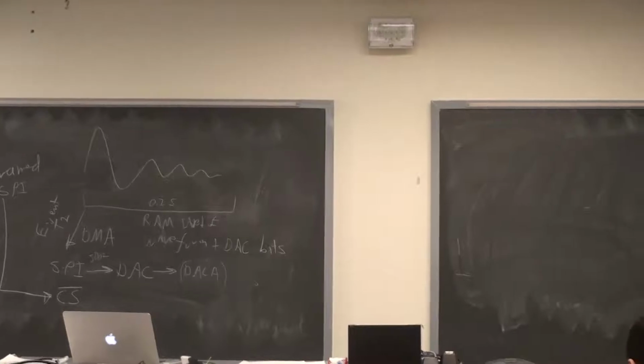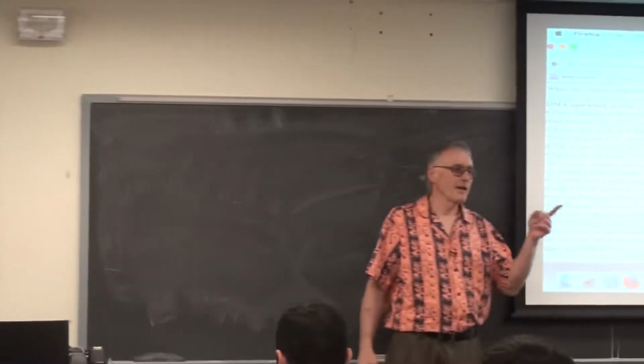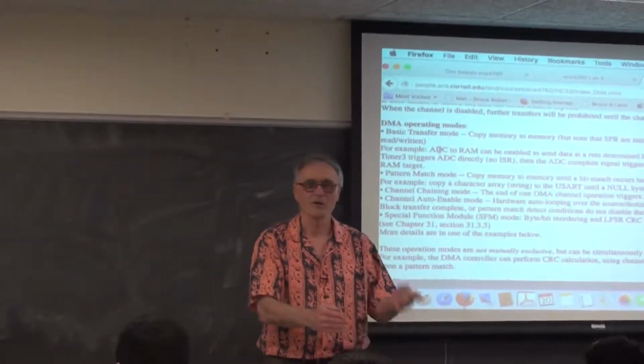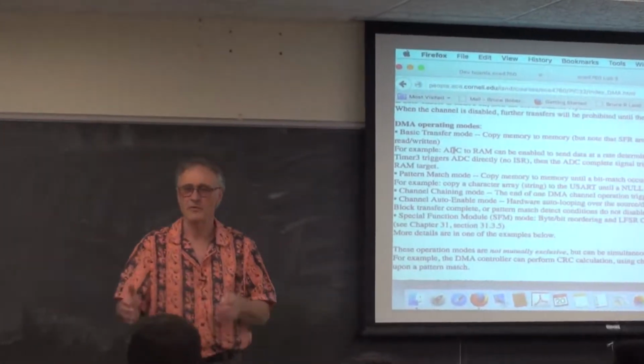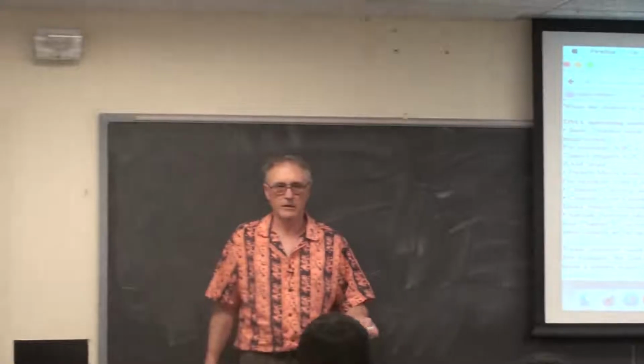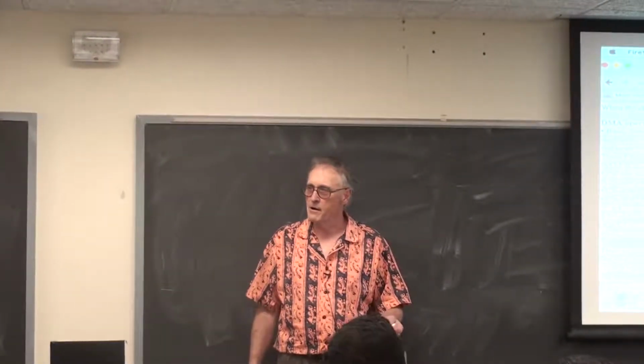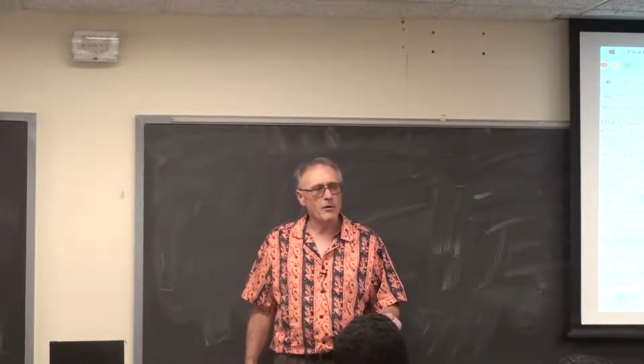You can chain channels. So DMA channel 0 finishing can trigger DMA 1, which can trigger DMA 2, which can trigger DMA 3, which can trigger DMA 0 again. What in the world would you do with that? I don't know.